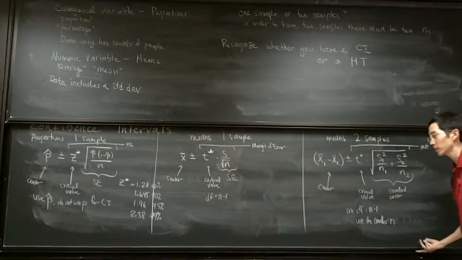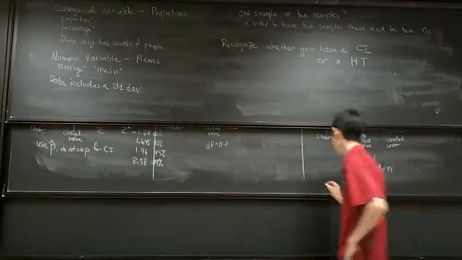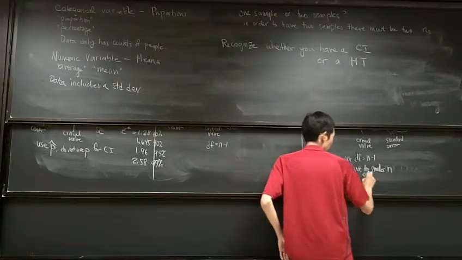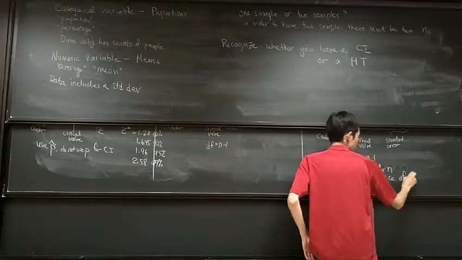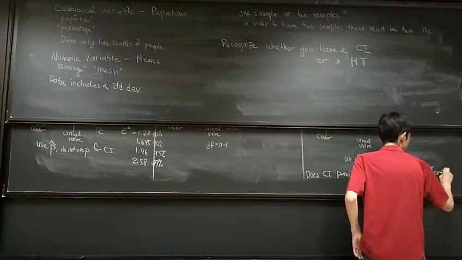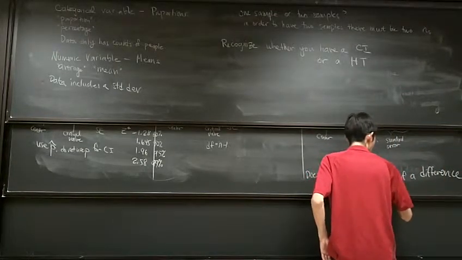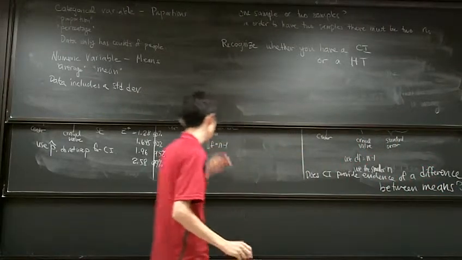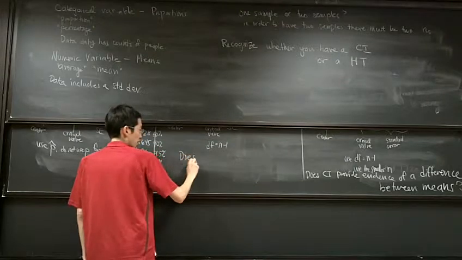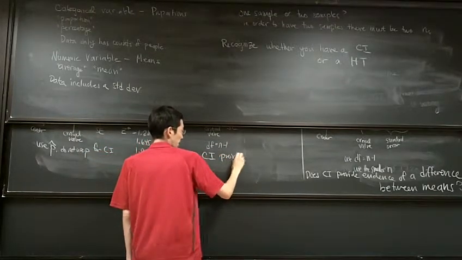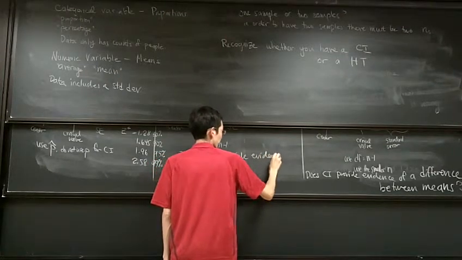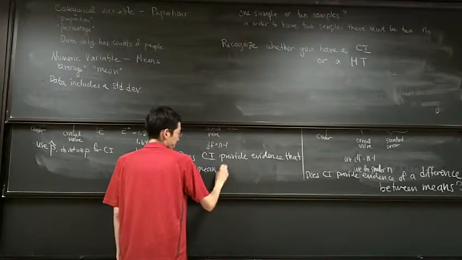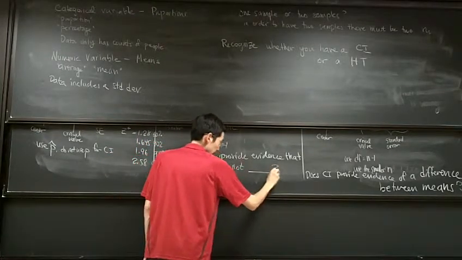So maybe I'll write that down. Does the CI provide evidence of a difference between means? This one would be, does the confidence interval provide evidence that the mean is not some number?